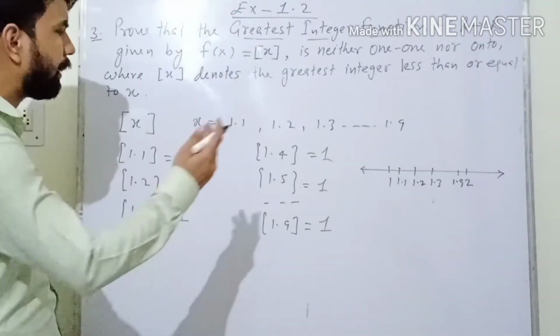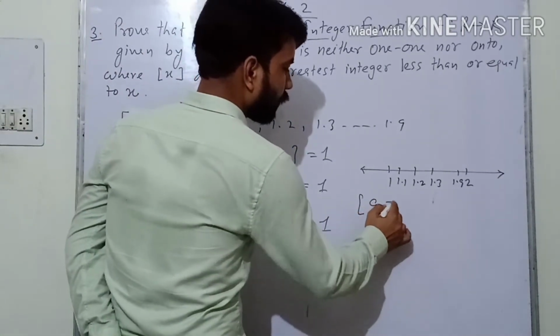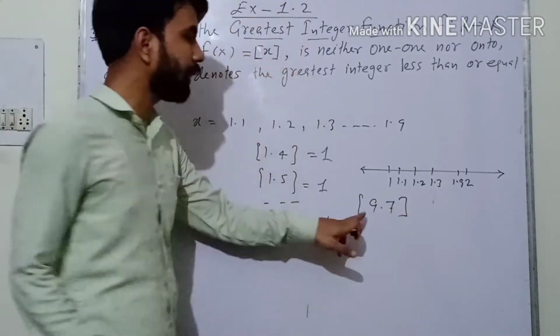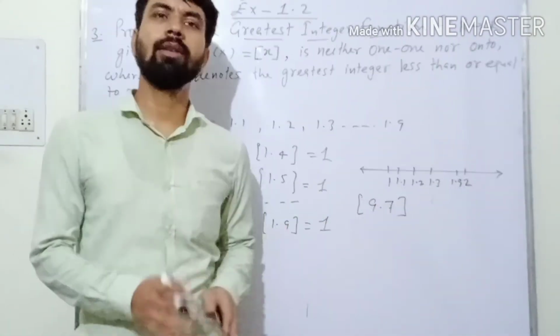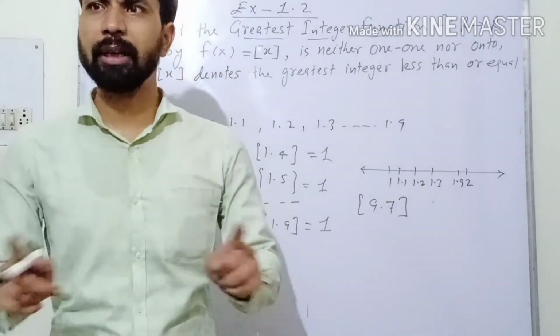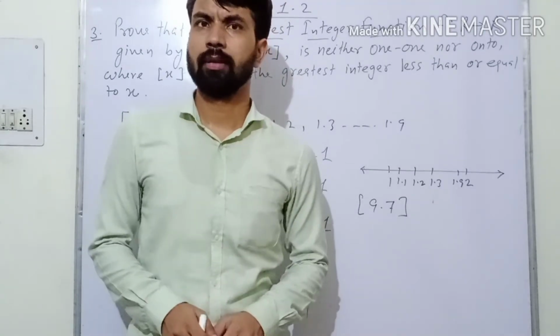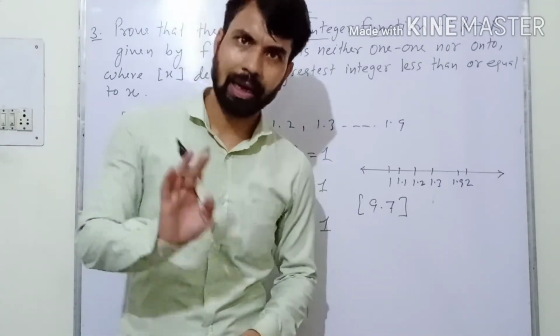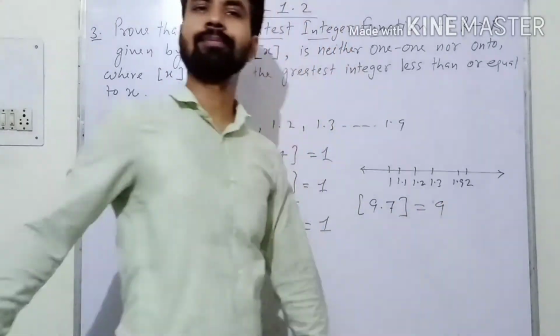Clear? Now some more examples. What is the value of greatest integer 9.7? 9.7 lies between 9 and 10. Out of 9 and 10, 9 is the smaller, so its value will be 9.